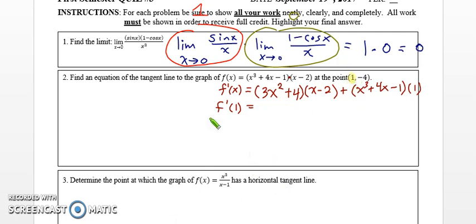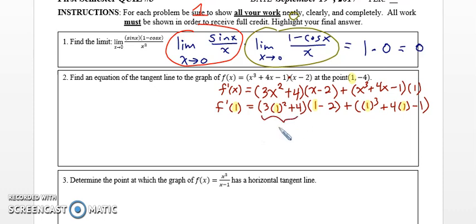So we plug in 1 for every x. Once we do that, this is 7, this is negative 1, so this is 7 times negative 1 plus 4. So f prime of 1 is equal to negative 3.